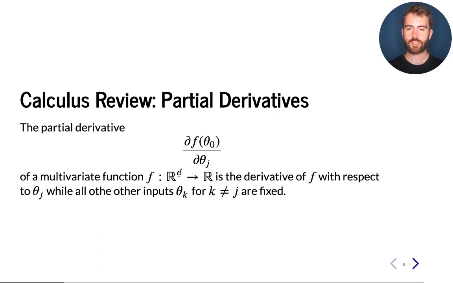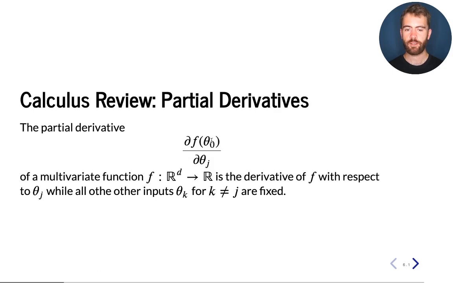And the extension of a derivative to these multivariate functions, or one possible extension, is called the partial derivative, denoted as follows. Again, you do not need to know the formal definition of this, although it will be useful to fully understand the material that will come later, but it's not strictly necessary.